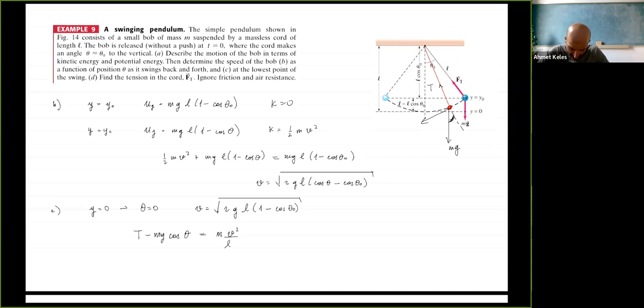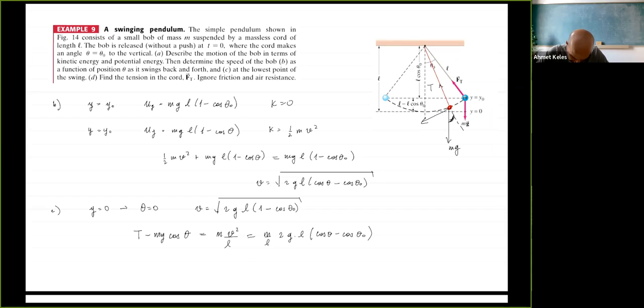And this is more convenient because I know what v is. Okay, let me write this. This is m over L, and v squared is 2 times g times L, times, okay, it is not 1, it is general theta. This is (cosine theta minus cosine theta naught). Hopefully, can I cancel m's? No, I'm not going to cancel m's. We are trying to find tension.